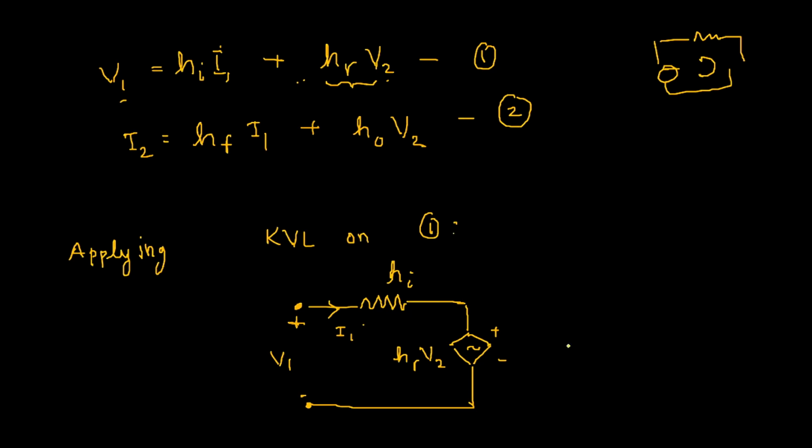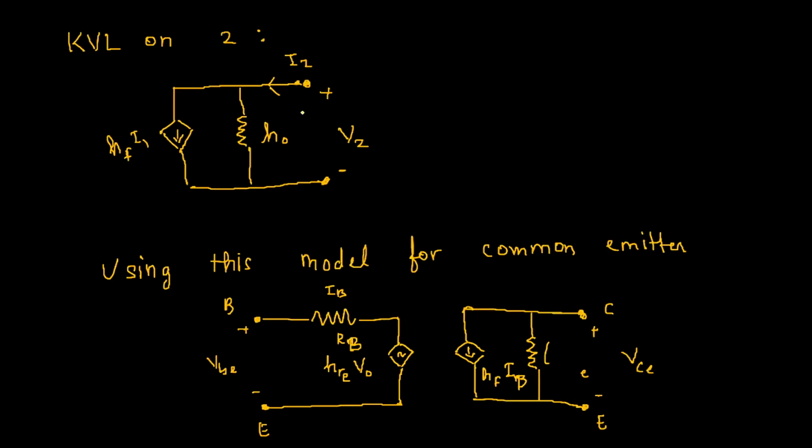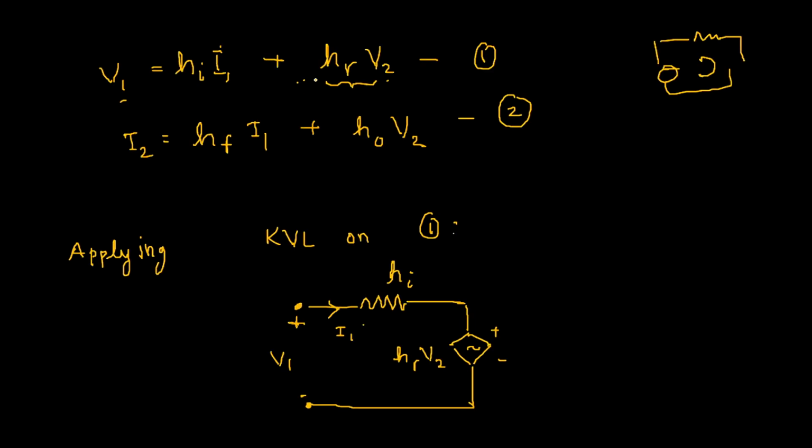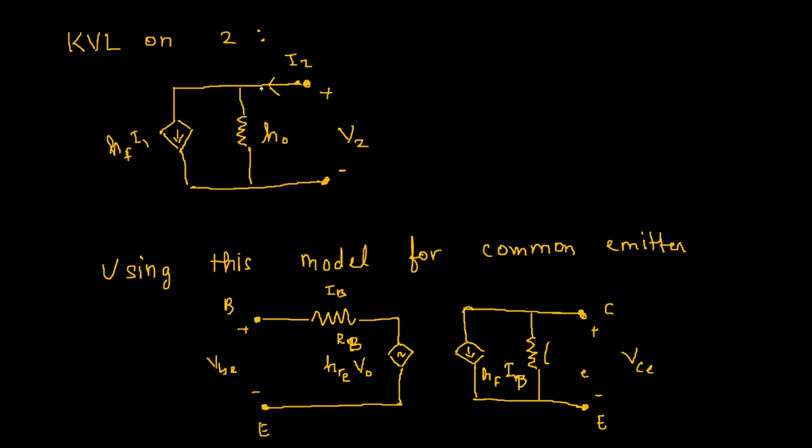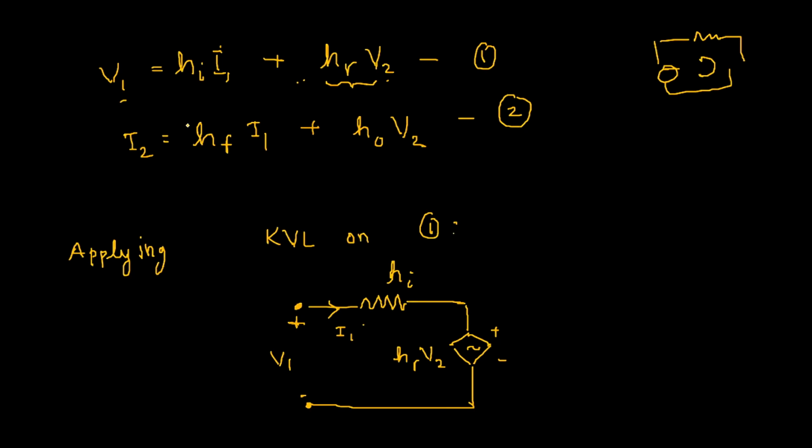To find the other side, we apply KVL on the second equation. So I2 is equal to HF I1 plus HO V2. Here the current I2 flows in and splits into the HO V2 branch and the HF I1 branch.